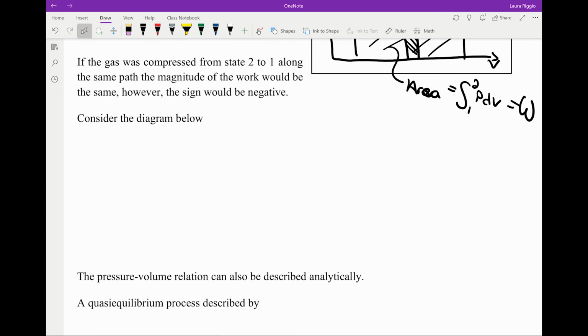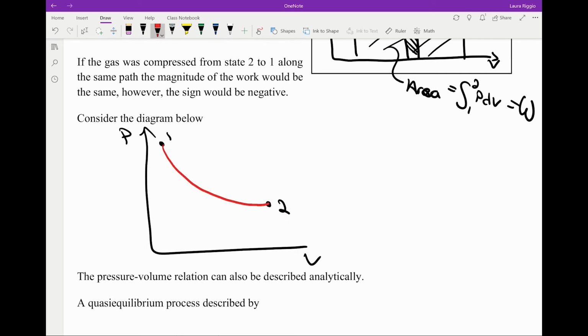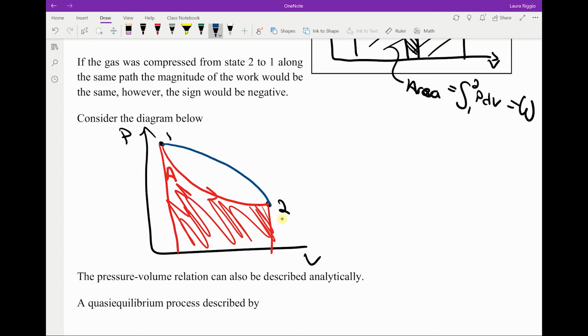So what I want to consider again is if I draw a very similar graph, I'm going to put state 1 here and state 2 here. The first curve I'm going to draw is curve A, which has area A under it. And then I have curve B, which has area B under it.